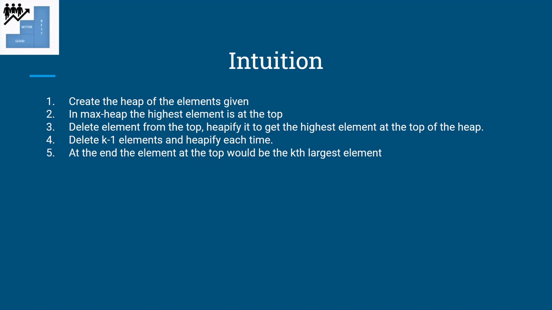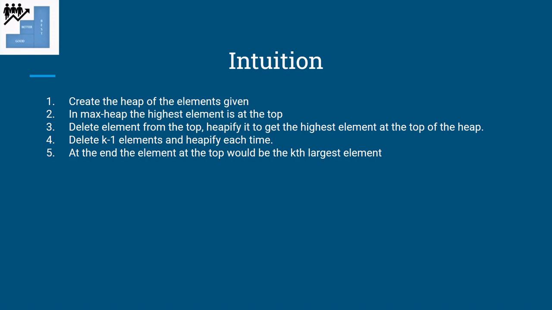If we have to find the second highest element, we need to delete the topmost element and heapify the heap, and then we have the second highest element at the top of the new heap. Similarly, if we have to find the kth largest element, we need to perform the deletion operation on the heap k minus 1 times, and the topmost element would be the kth largest element of the original heap.